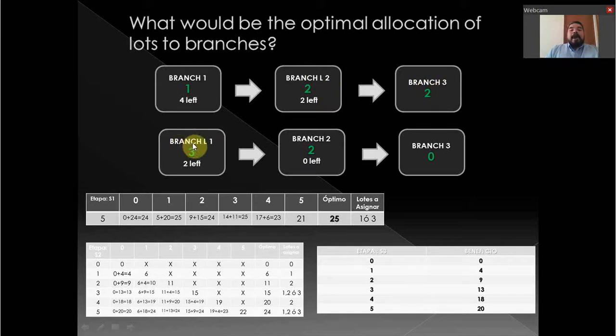When I assign 3 lots at branch number 1, I will have 2 left, and I will assign them at branch number 2. And I will have no lots assigned to branch number 3. So I will have these 2 solutions in this example.